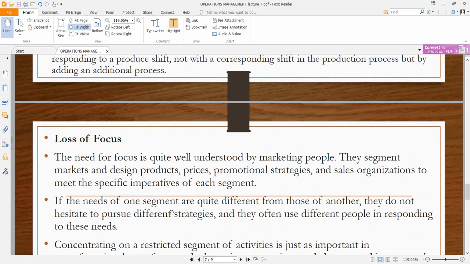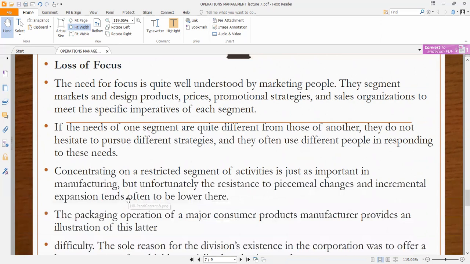If the needs of one segment are quite different from those of another, they do not hesitate to pursue different strategies, and they often use different people corresponding to those needs. Concentrating on a restricted segment of activities is just as important in manufacturing, but unfortunately, the resistance to piecemeal changes and incremental expansion tends often to be lower there.